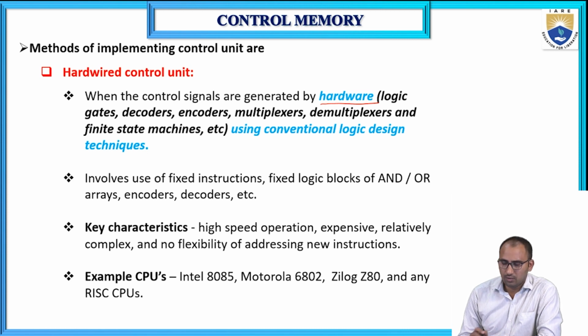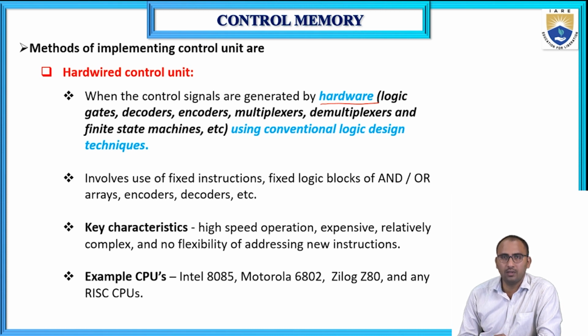That means the combinational logic circuits include logic gates, decoders, encoders, multiplexers, demultiplexers. The hardware control unit is implemented by using these combinational logic circuits. In combinational logic circuits, the output depends only on the present input.